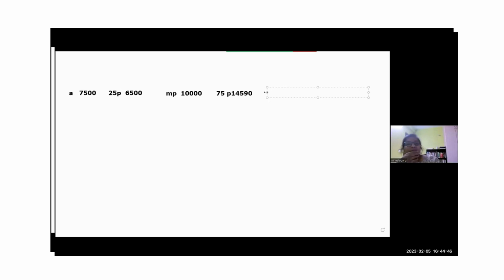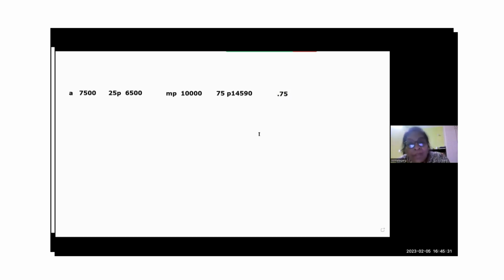Correct, absolutely. So the comp ratio is 0.75, or 75%.